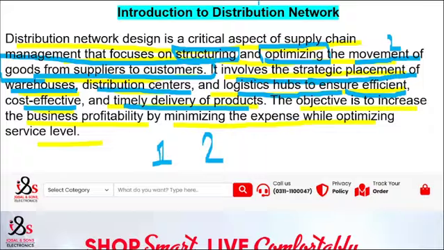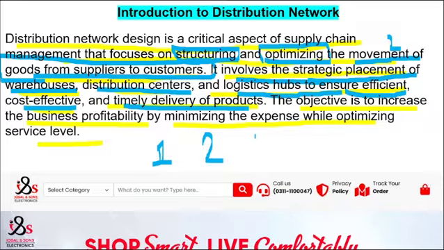In the first part, we're talking about the structure, what the network is. Its focus is on structure. Distribution network design is a design or a structure, and it's the most important part of supply chain management, which focuses on structure. The structure of what? The structure of movement of goods from supplier to the customers.